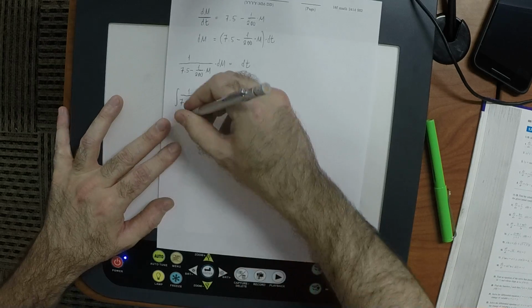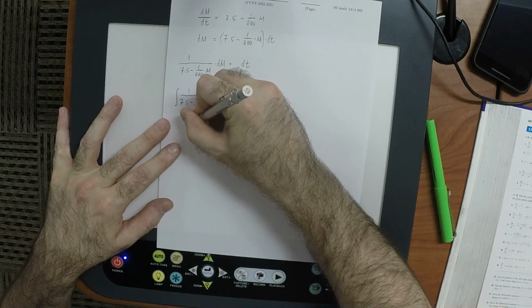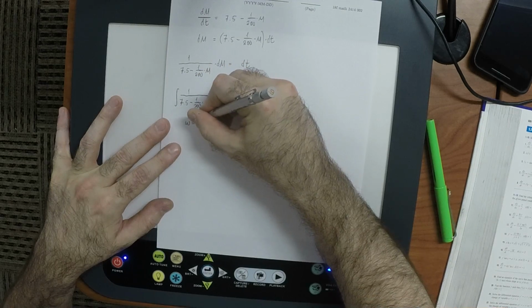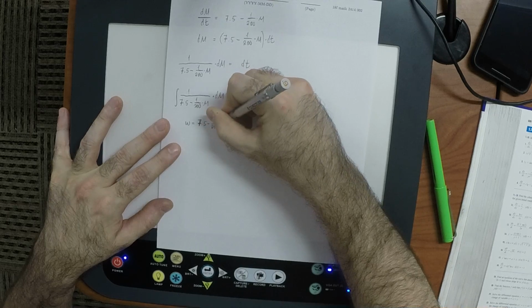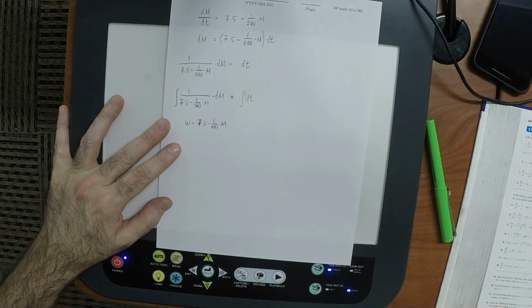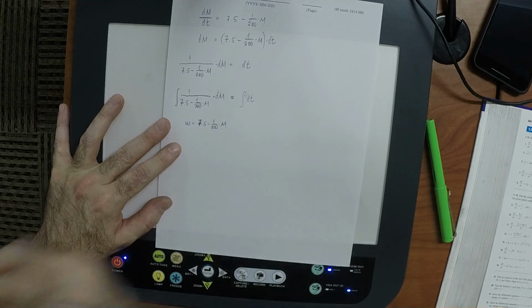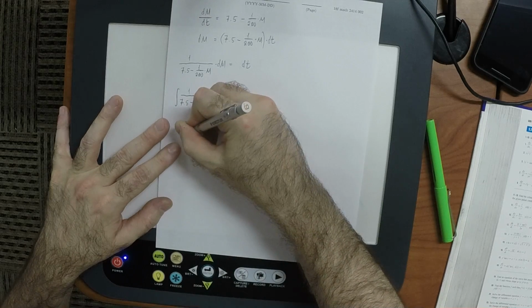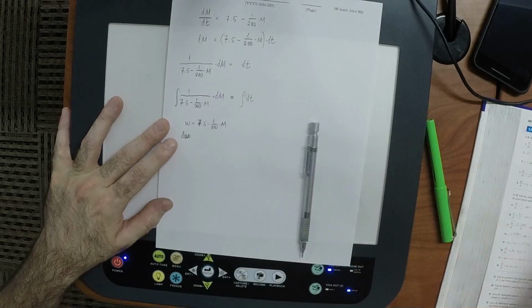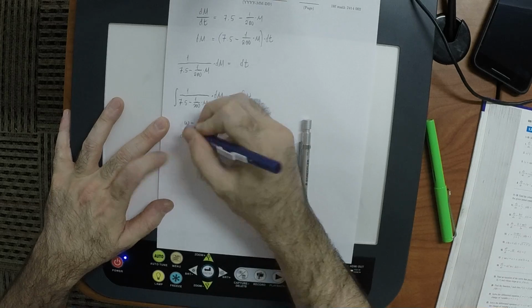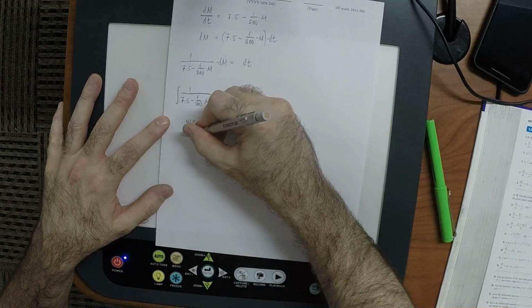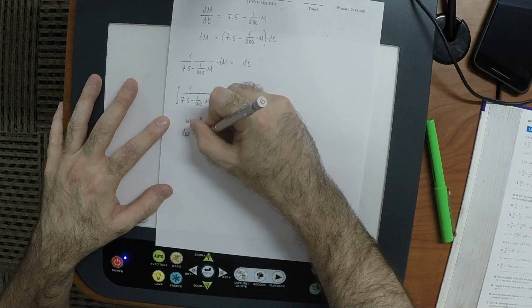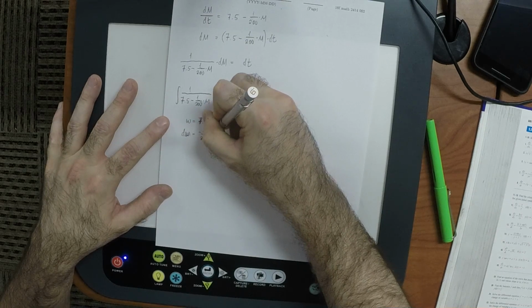Okay, so it seems to me we're not comfortable enough. So I'll say W is 7.5 minus 1 over 200 m. Okay, so doing that, then we would need dW. So the 7.5 differentiates away, and then we'd have negative 1 over 200 dm.